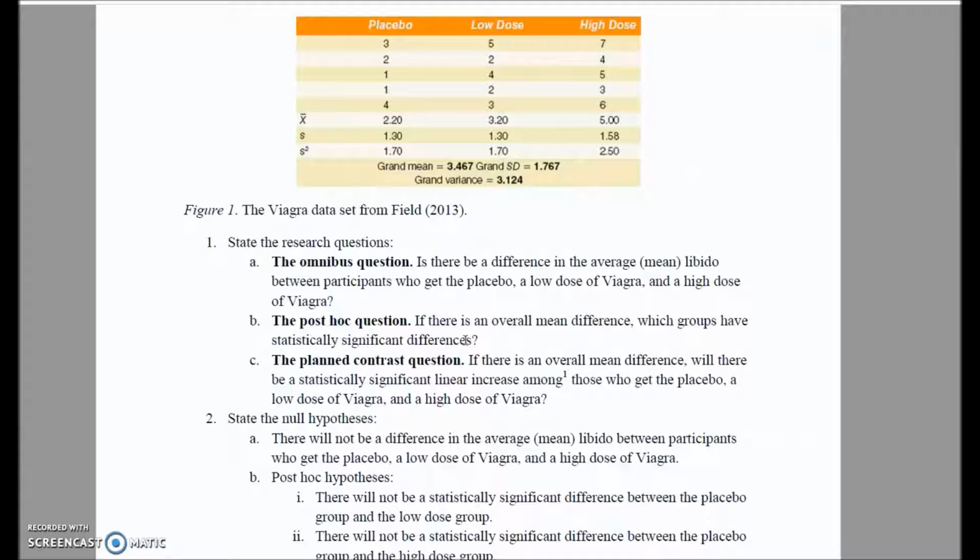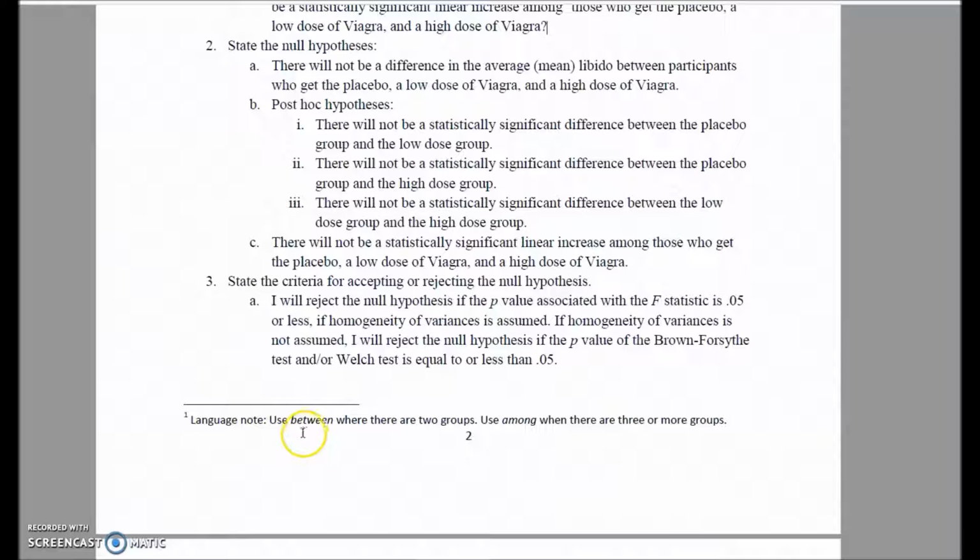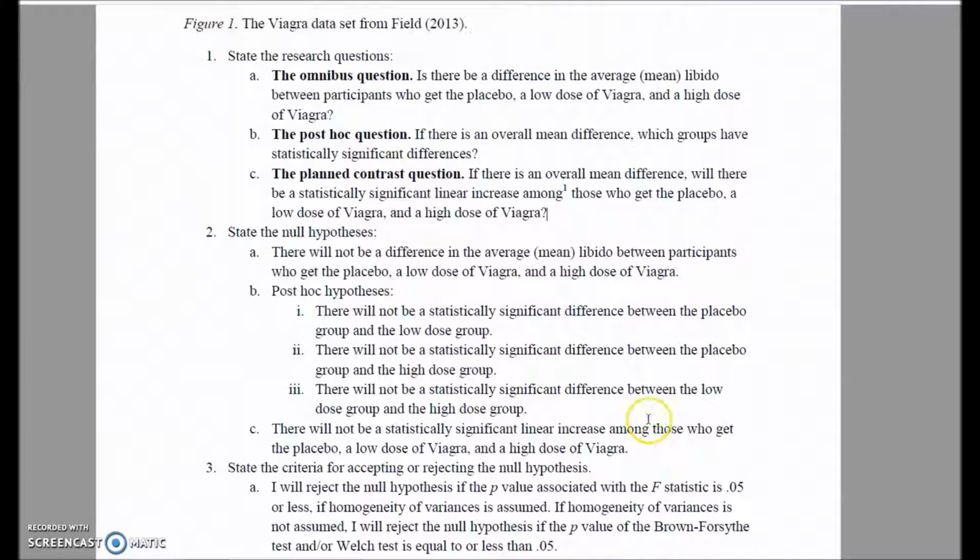But the planned contrast is, if there is an overall mean difference, will there be a statistically significant linear increase among those who get the placebo, a low dose, and a high dose of Viagra? So here we use between when there are 2 groups, but we use among when there are 3 or more groups.